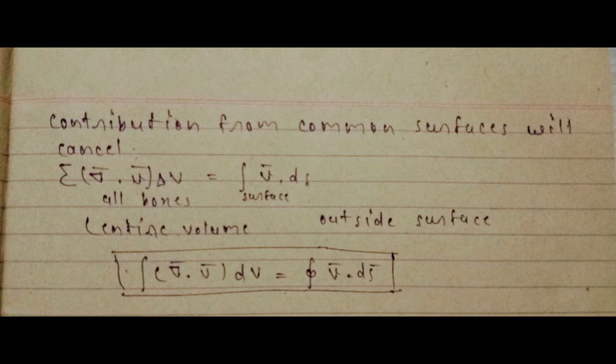What it says is that given a large volume and a vector field through this, the summation of divergence of V delta V over all boxes, that means the entire volume, is going to be equal to V dot ds over the outside surface.